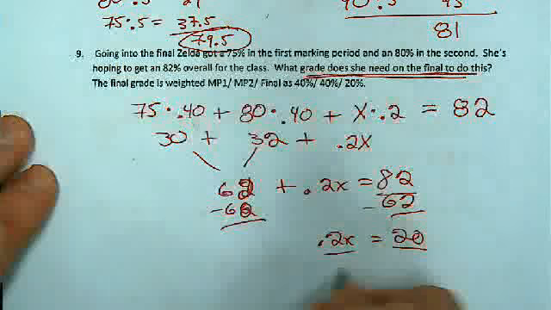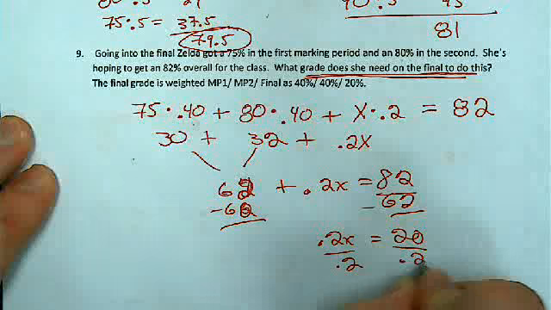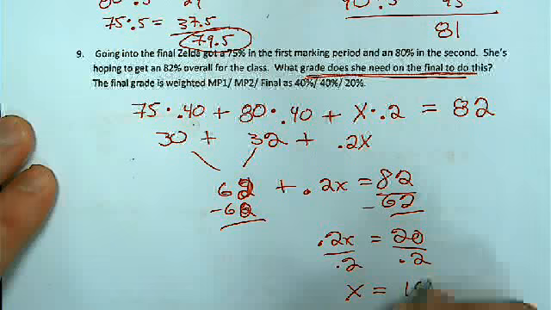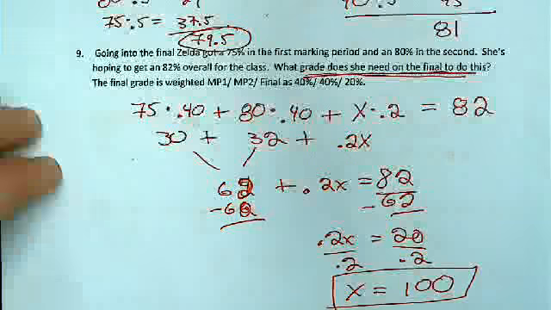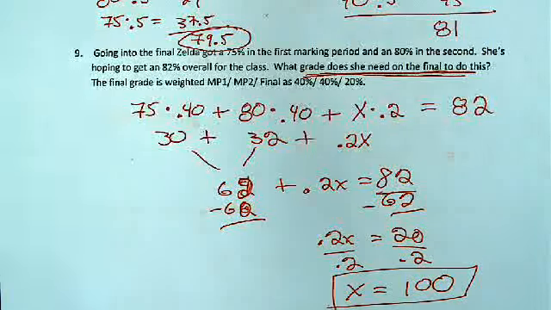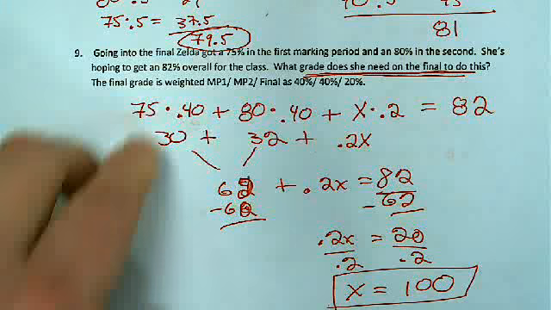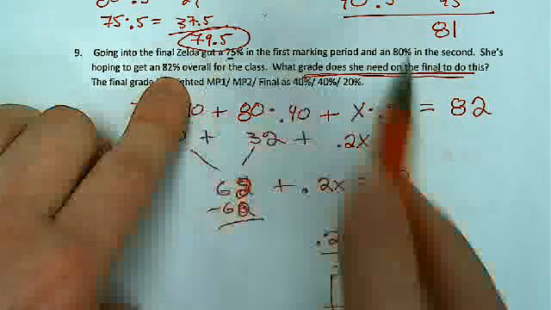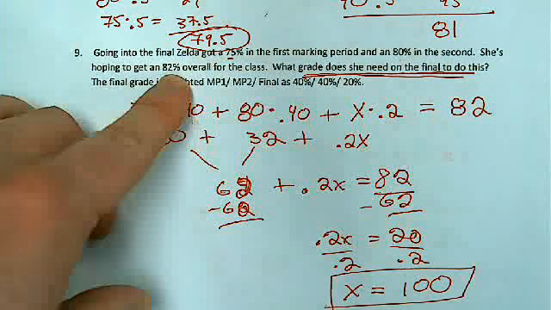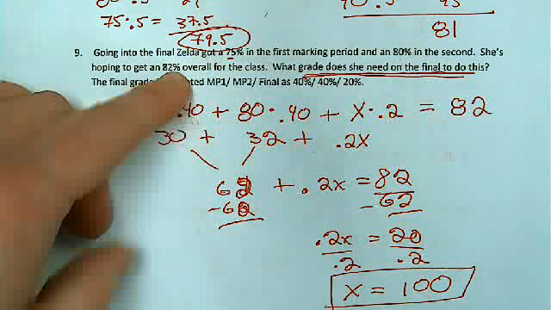Divide each side by 0.2. X is equal to 100. So Zelda has to get a perfect score on her final to raise her overall grade going into finals, which was a C, to a solid B-. She doesn't have a lot of wiggle room.